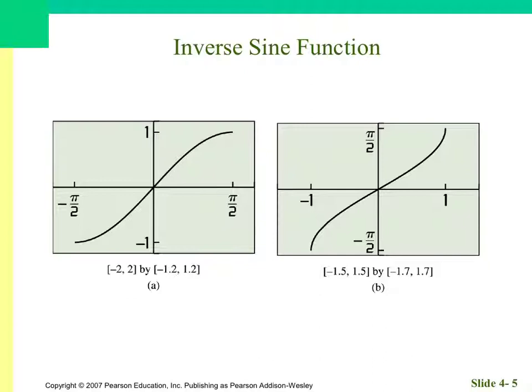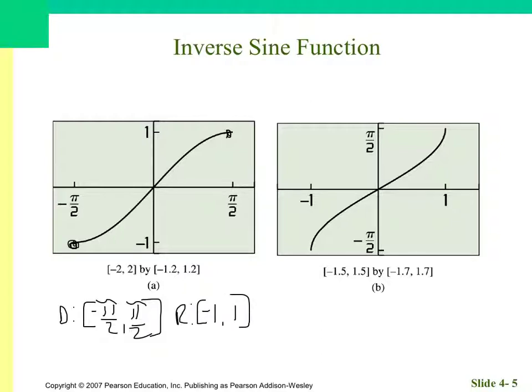Alright, the inverse sine function. What they look at is the sine function from negative pi over 2, where it's at negative 1, to positive pi over 2. So the domain is negative pi over 2 to pi over 2, and the range is negative 1 to 1.